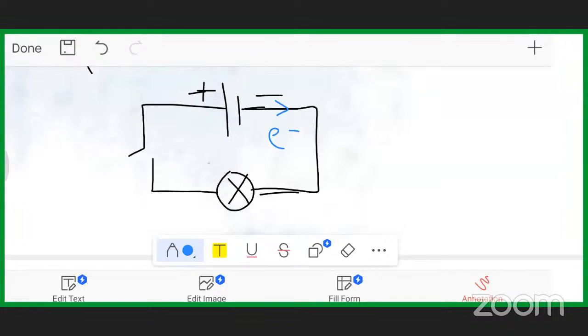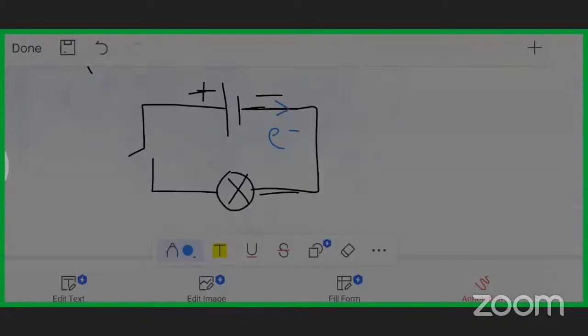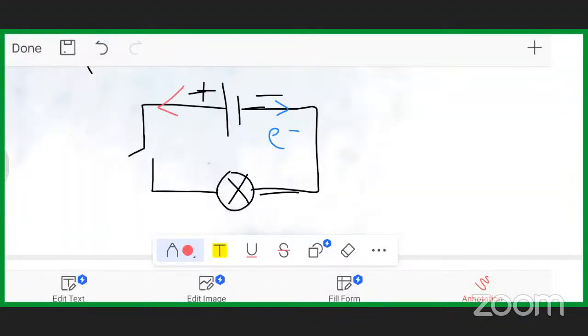That is the direction of the electrons. But normally, we use the conventional direction, which is always from the positive to the negative. So we say that current is flowing from positive to negative, but actually the electrons which are responsible for that current normally flow in the opposite direction. So that is what we have.